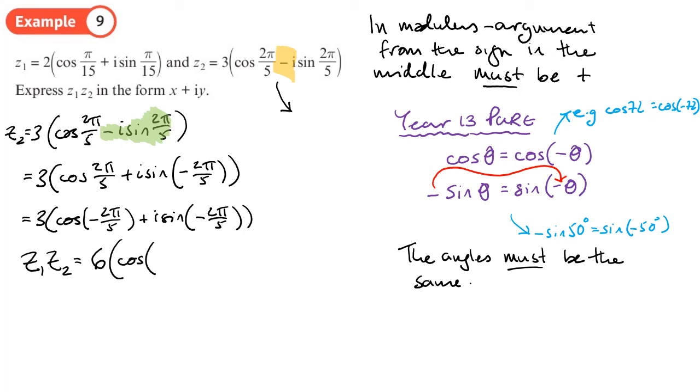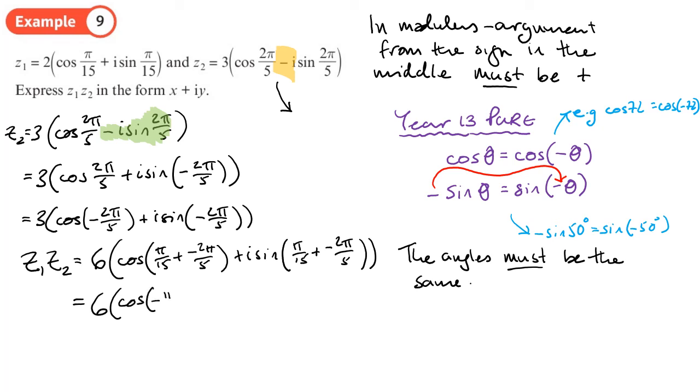Now, when I add them, it's going to be cos of pi over 15 plus negative 2 pi over 5, plus i sine of pi over 15 plus, so we're adding a negative argument, negative 2 pi over 5. So let's work that out and see what we get. Right, so the argument becomes negative a third pi, so negative pi over 3 in both, plus i sine negative pi over 3.